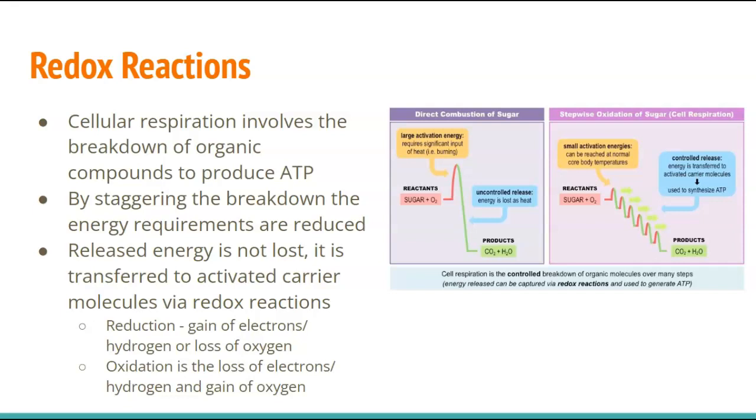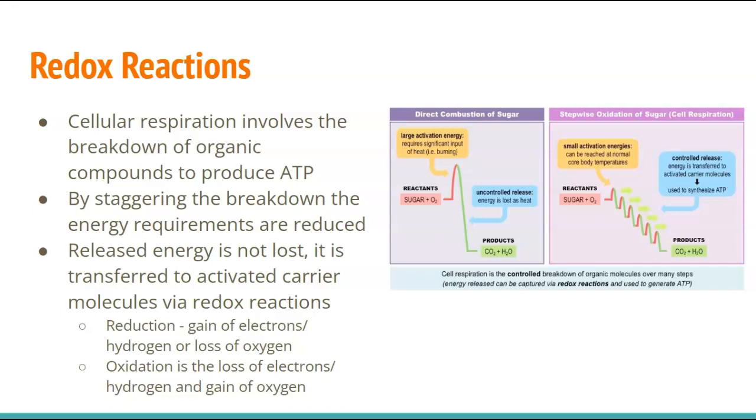We've been talking about ATP this entire time. When you stagger the breakdown, the energy requirements are reduced. That means you don't have to use as much energy as an input to get all of the energy that you typically would get as an output, because you're doing small breakdowns instead of one major huge breakdown.